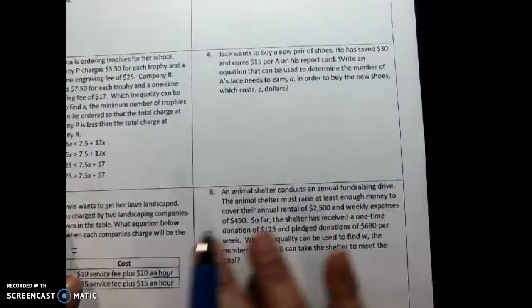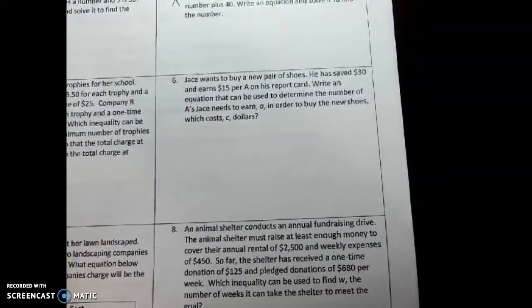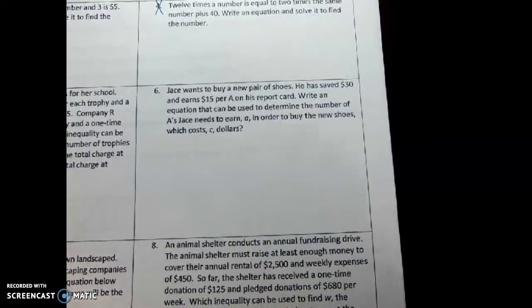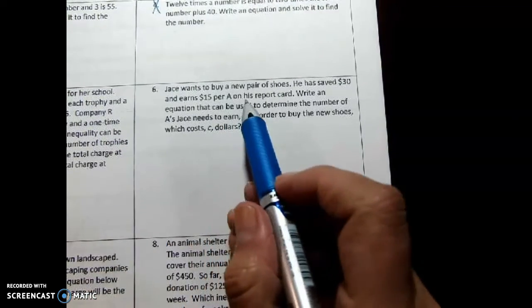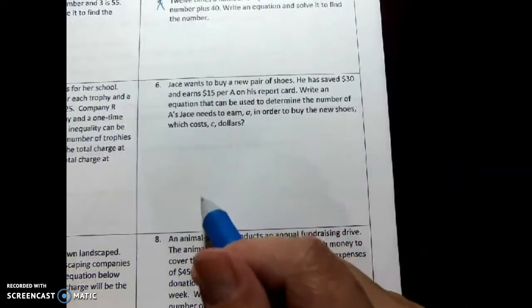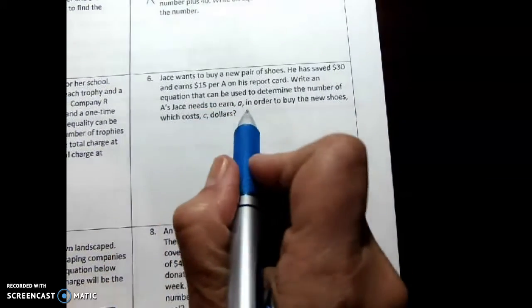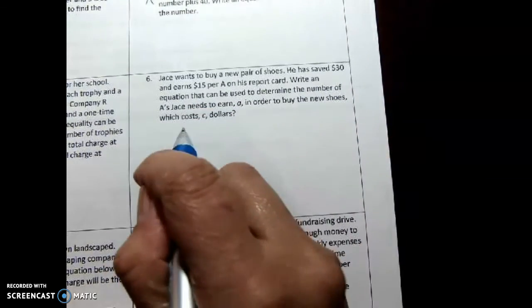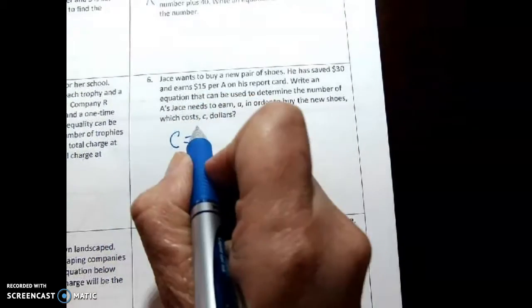Jace wants to buy a new pair of shoes. He saved $30 and earns $15 per A on his report card. Write an equation that can best be used to determine the number of A's Jace needs to earn in order to buy the new shoes, which cost C dollars. So C, okay, cost.